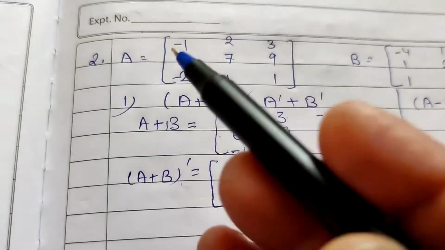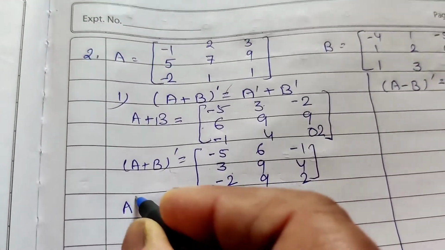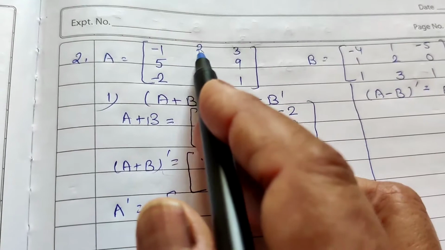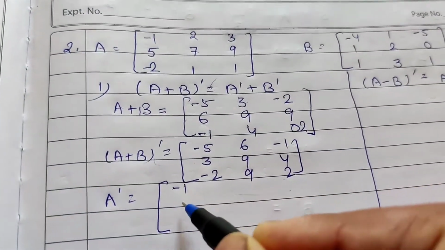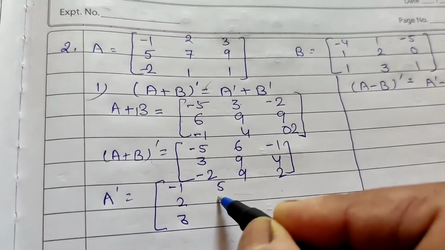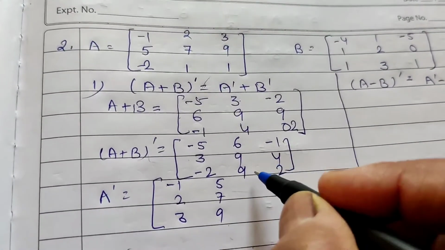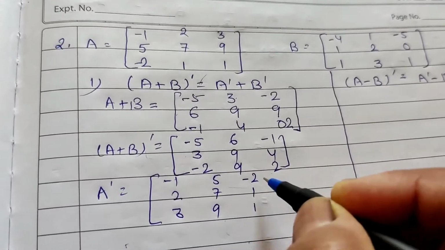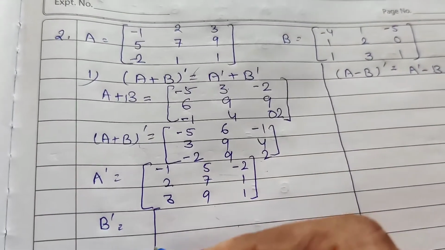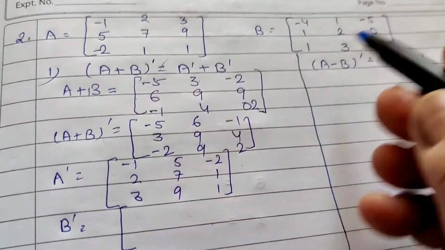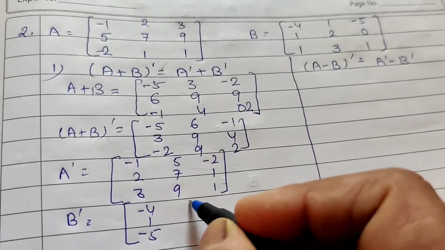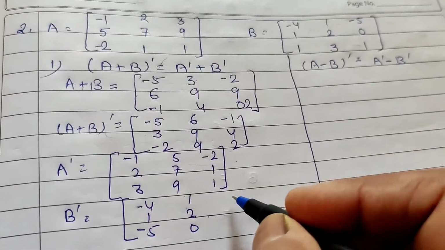Now the transpose of A is: -1, 2, 3. This is a row, convert it into a column. 5, 7, 9. And -2, 1, 1. And the transpose of B is: -4, 1, -5. 1, 2, 0. 1, 3, 1.